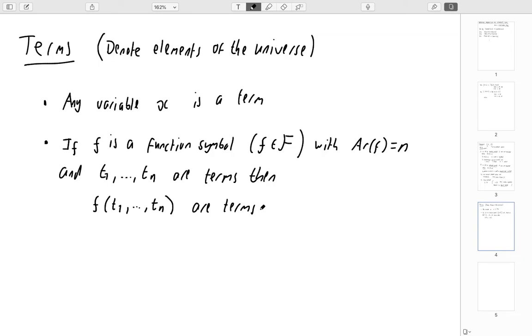Sorry, this isn't terms, this is a term, f applied to t1 to tn. I should correct that.